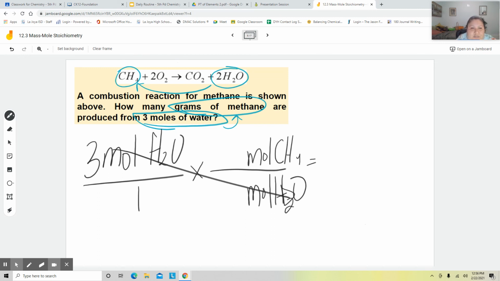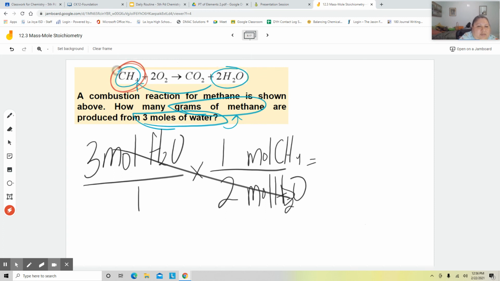This one should be really easy. Okay, according to the reaction, should I have 1 over 2 or 2 over 1? Look at the reaction and tell me, is it going to be 2 over 1 or 1 over 2? Very good, Miss Diamond. You're on fire today. 1 mole of methane for every 2 moles of water. And you can see the numbers up here. Here's my 2 moles of water.